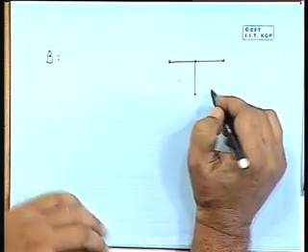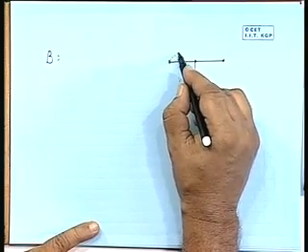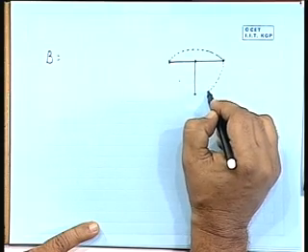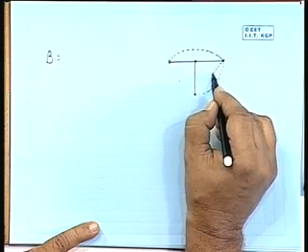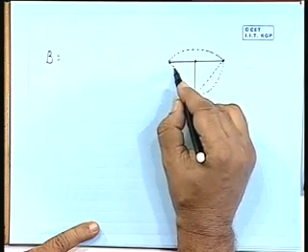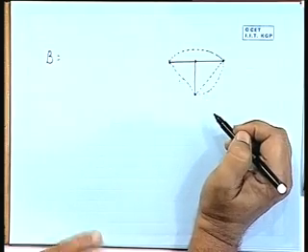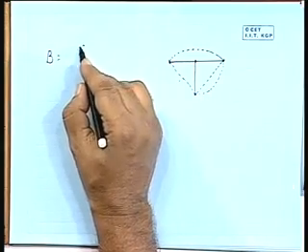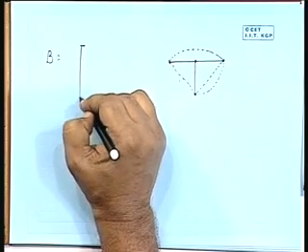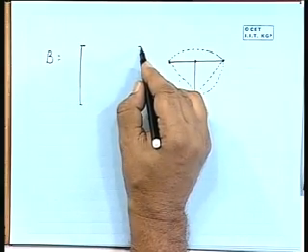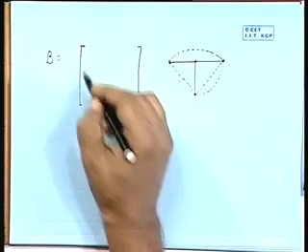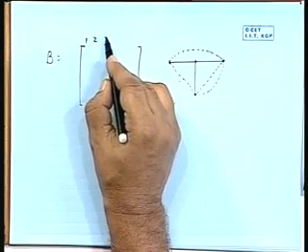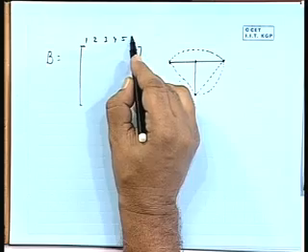Suppose this is a tree. These are the elements 1, 2, 3, 4, 5, 6, 7.